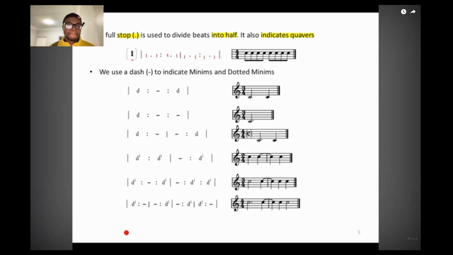We use a dash to indicate minims and dotted minims.